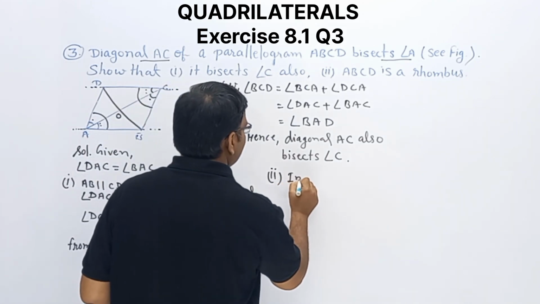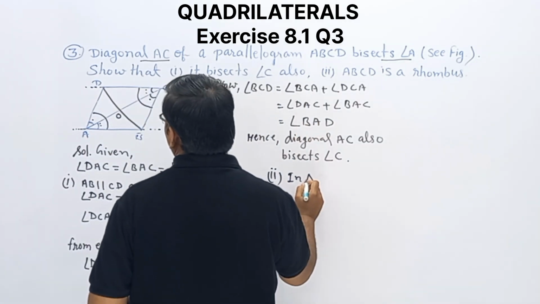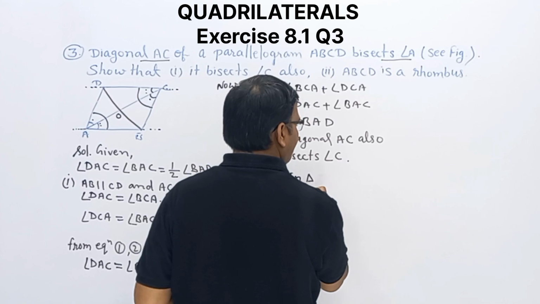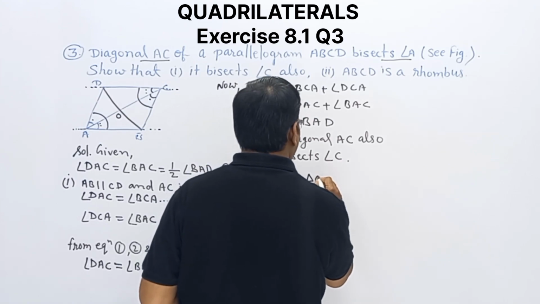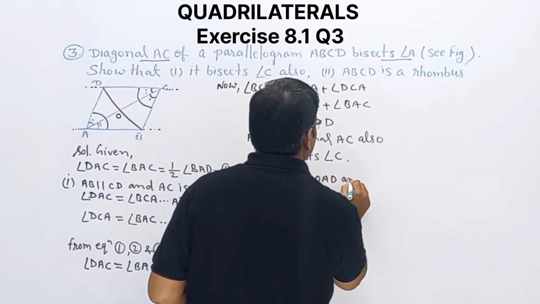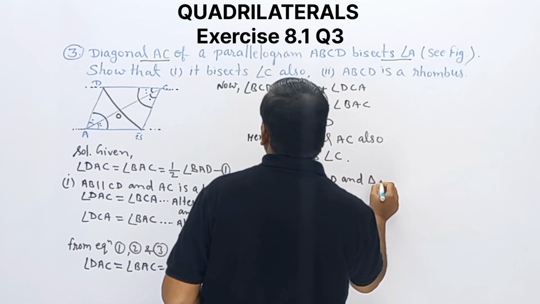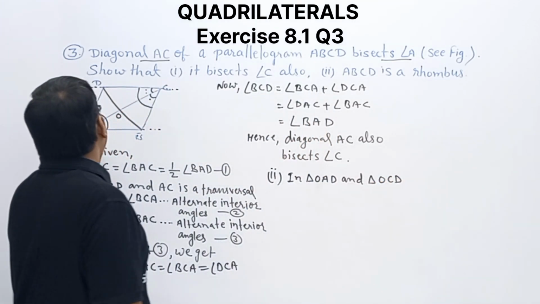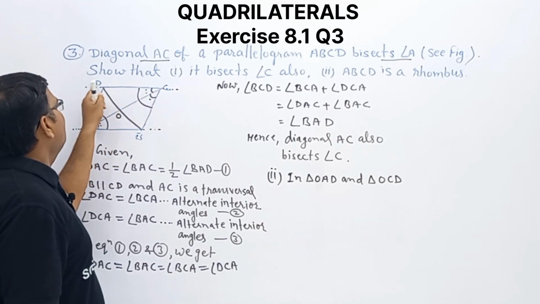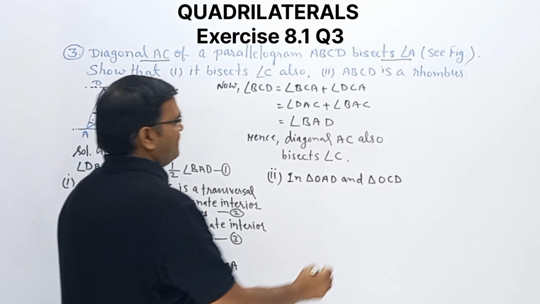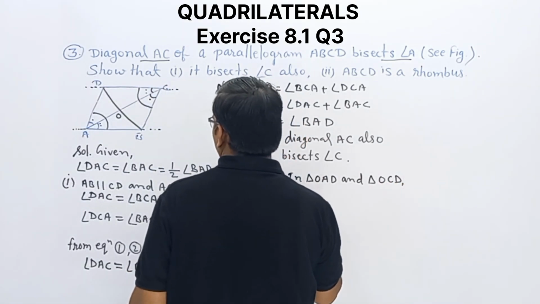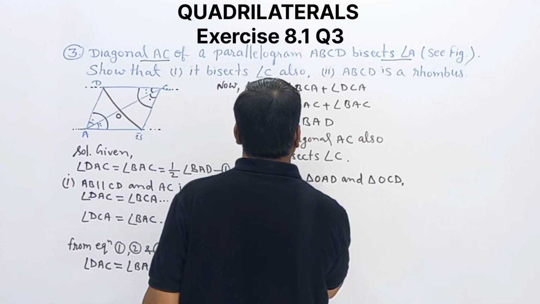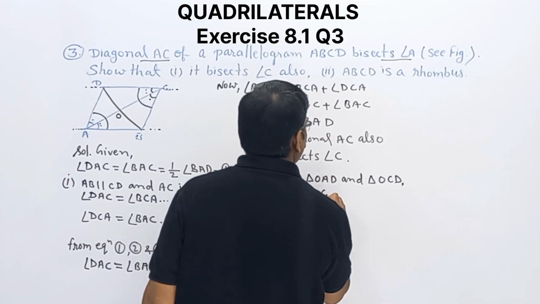In triangle OAD and triangle OCD, in these two triangles, OA equals OC.